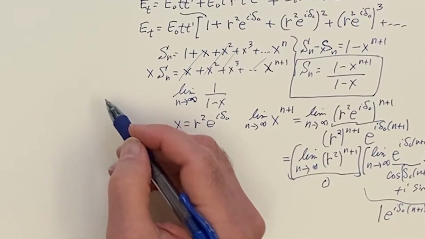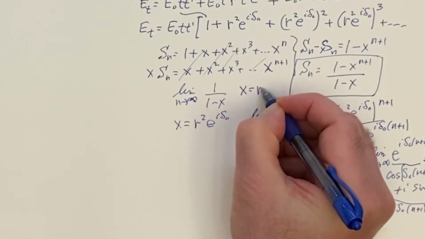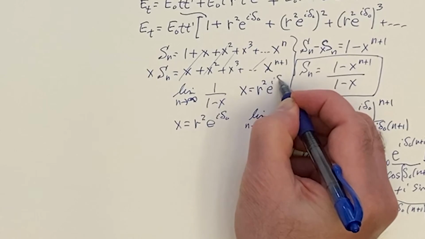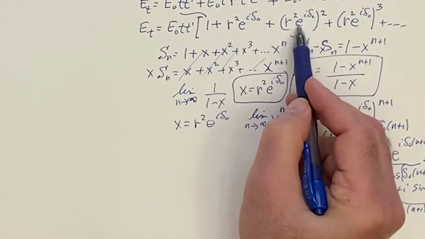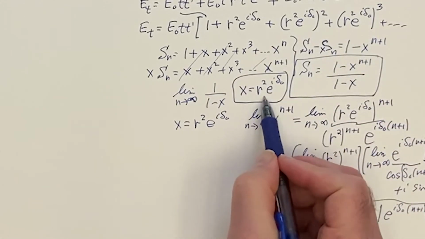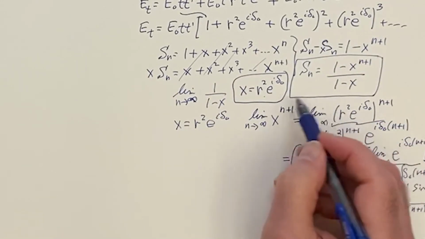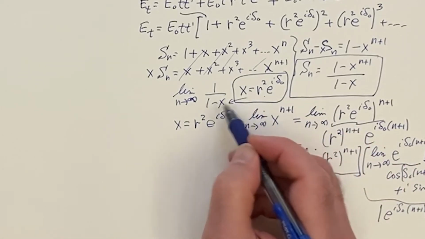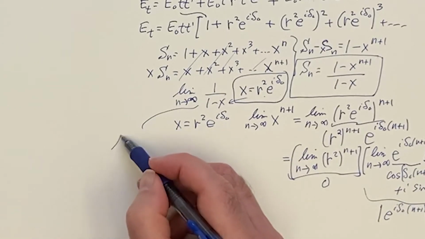Okay, so then what we're going to do is replace it. So we come up to here, we know what the x is. The x here is the r squared e to the i delta naught, so that gets squared and that gets cubed. So that's the x, and that's what's going to go in here. So the limit of this thing, I probably should write that out a little cleaner.